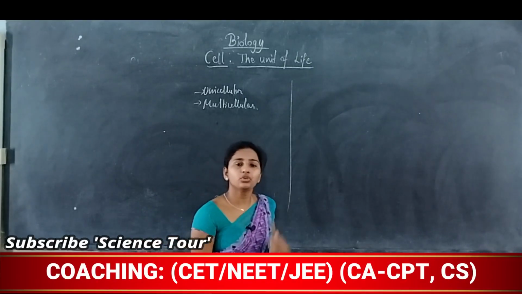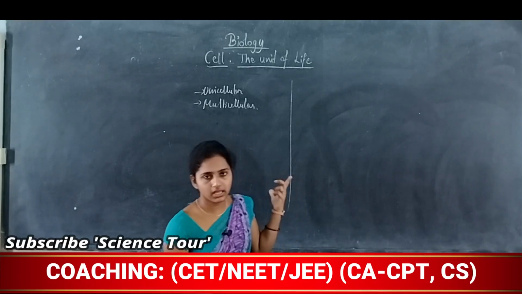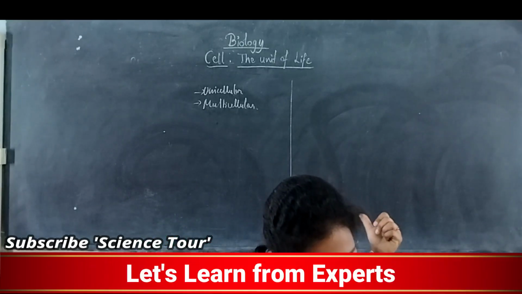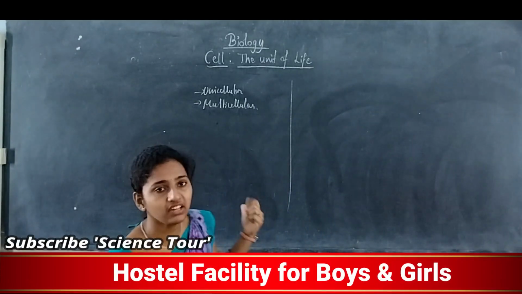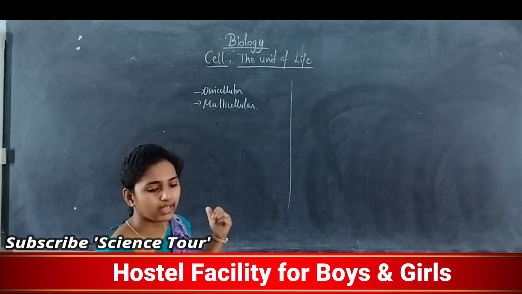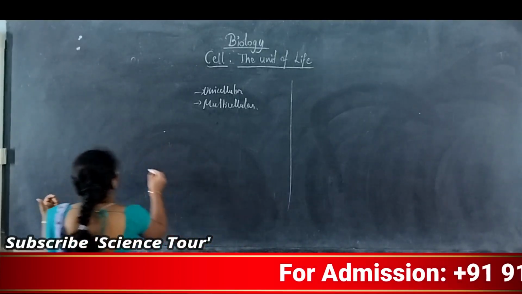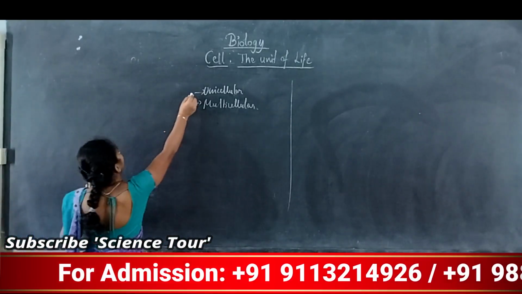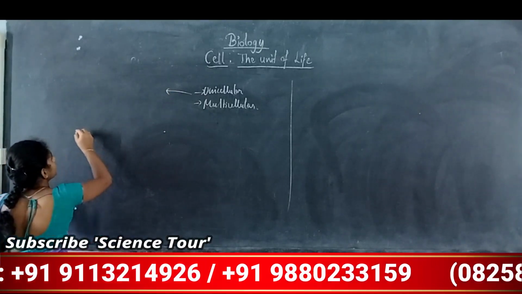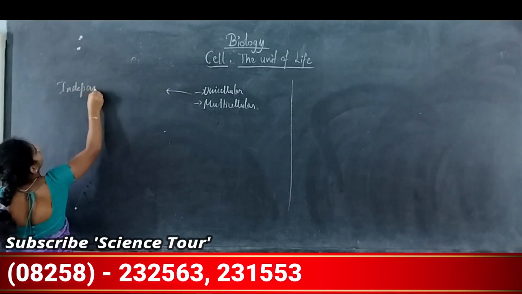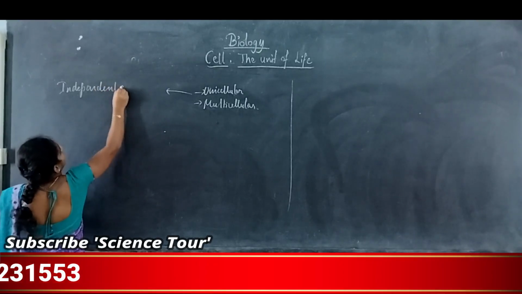So these are the two different types of organism based on the number of cells. Next, the main function of a unicellular organism is that they show independent existence.